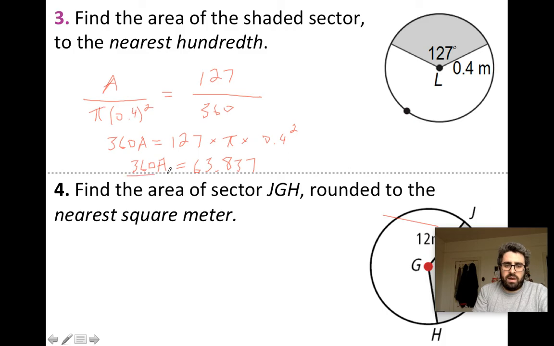Now I'm going to divide by 360. So divided by 360. And I get about A is equal to 0.177 meters squared. So I would say that that's about 0.18 meters squared, rounded to the nearest hundredth.